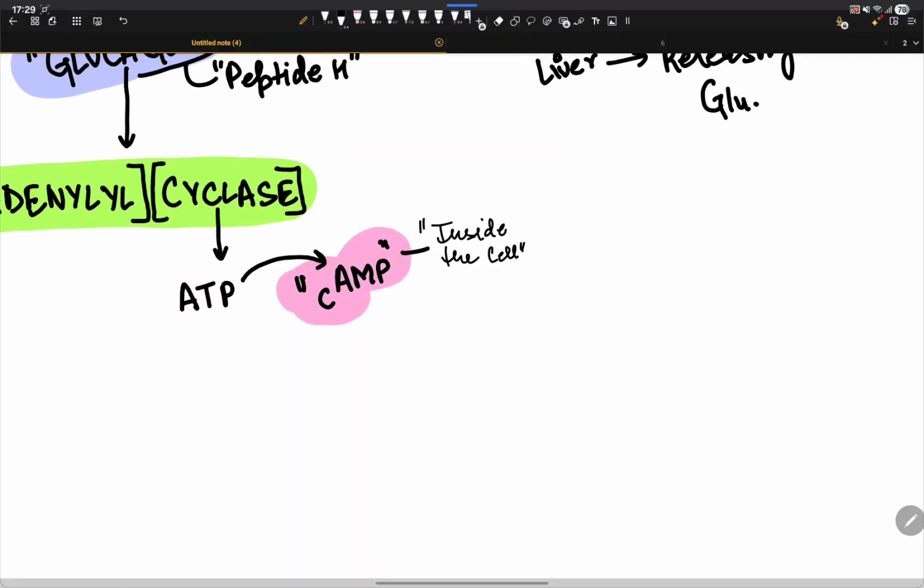Now the question is, what does cAMP actually do then? Well, think of this cAMP as an emergency text message: hey, activate the fasting program. This guy is going on a fasting journey. That's what cAMP exactly does.